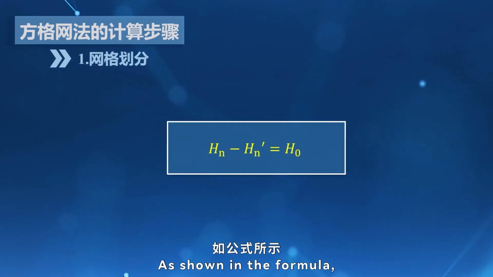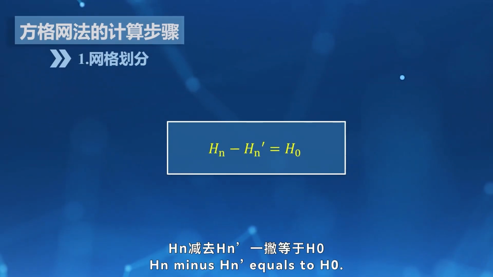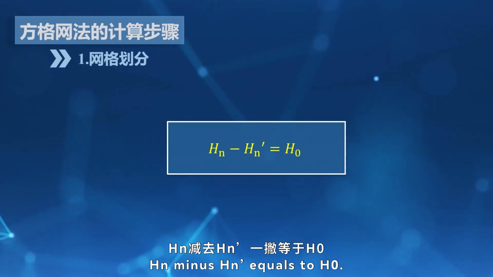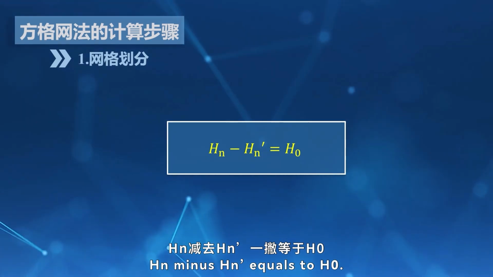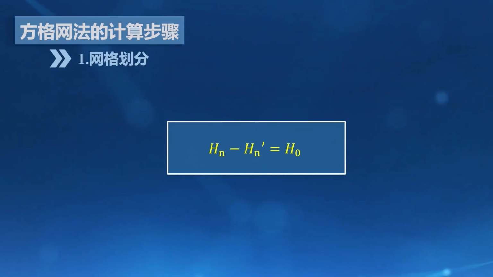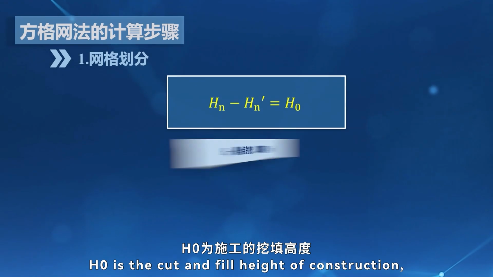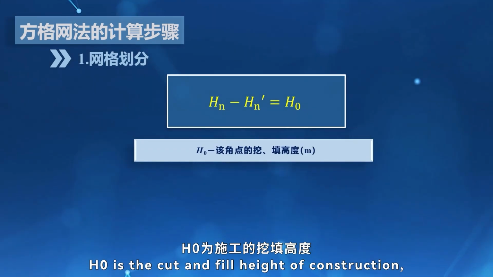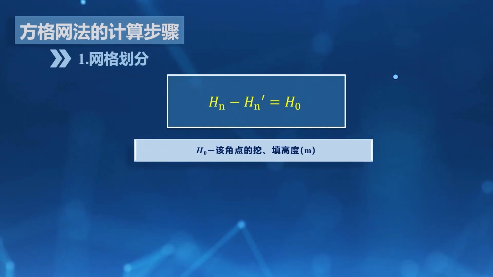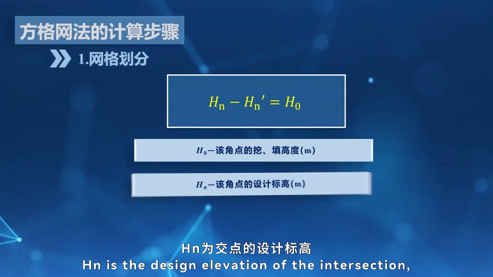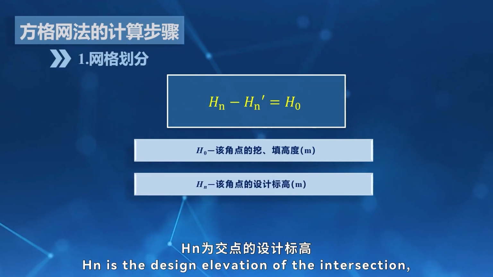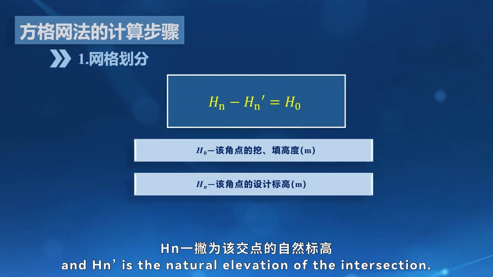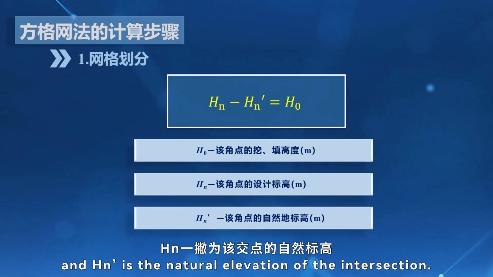As shown in the formula, Hn minus H'n equals H0. H0 is the cut and fill height of construction, Hn is the design elevation of the intersection, and H'n is the natural elevation of the intersection.